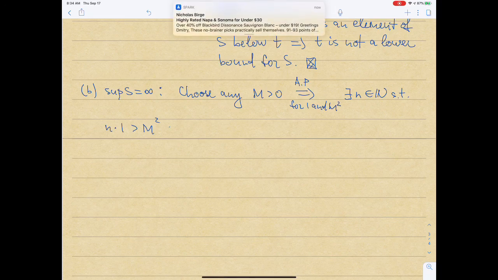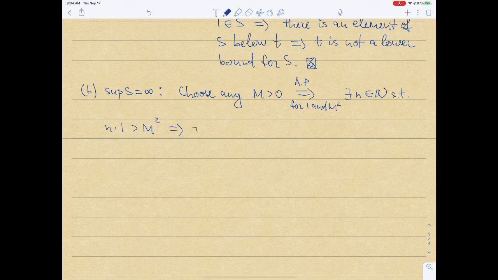Okay, but then if that is true, by taking square root of both sides, I'll get that square root of n is bigger than square root of m squared. Square root of m squared is absolute value of m, but m is positive, so absolute value of m is m itself. So, what have I been able to show?